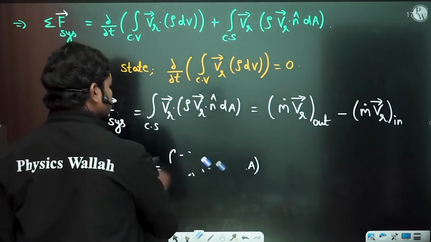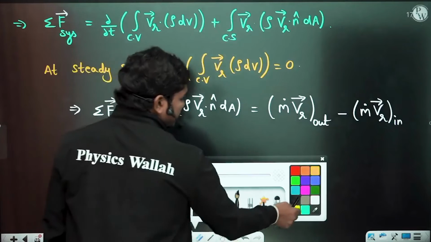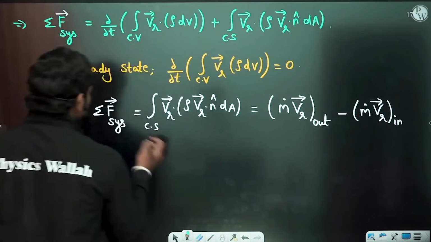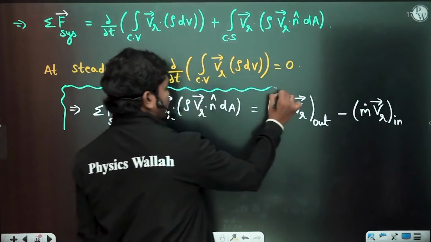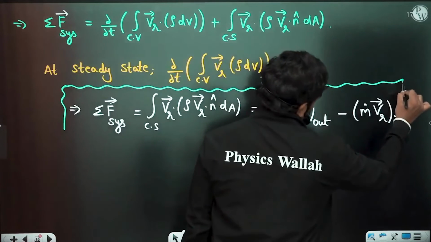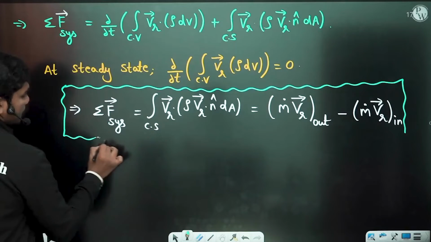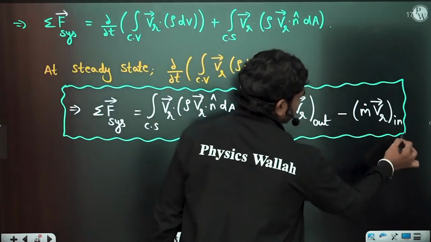Let us not write this again. This equation is the ultimate equation, the final equation that you can talk about. So this is the equation which is present for you.